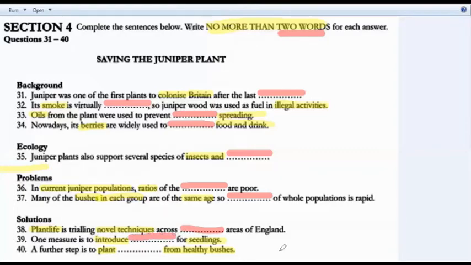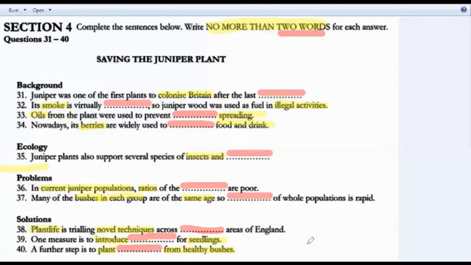Introduce blank for seedlings, a noun here. Okay, introduce something for seedlings: protection, maybe? Hard to predict what this will be. Again, some kind of abstract noun, probably. Protection, shelters, maybe?